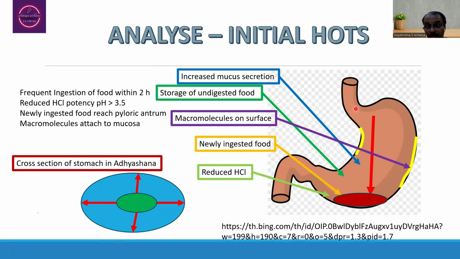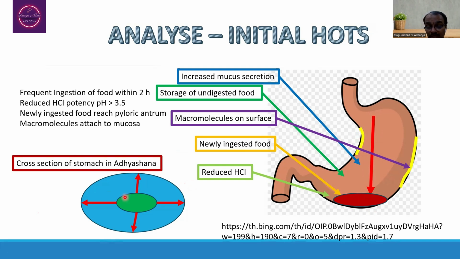Initially the person consumes food, which is macromolecular in size. Because of gravitational force, it moves towards the pyloric end of the stomach, which displaces the food already present in the stomach towards the border of the stomach region.